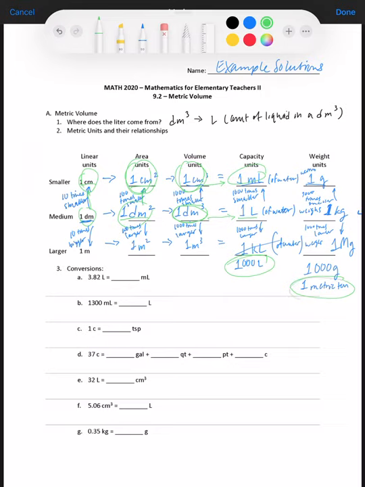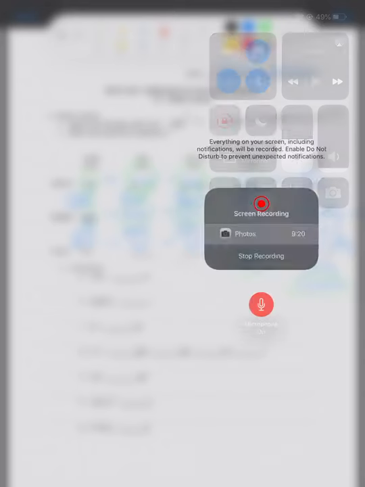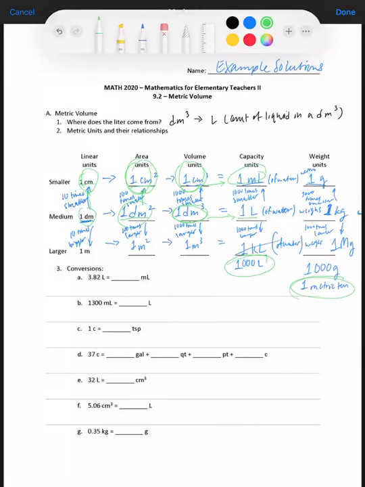All right, so there's that part of our handout. In the next video, we're going to talk about conversions. Now that we looked at the relationships of the metric system in a deep way, we're going to convert among these various centimeters cubed and decimeters cubed and liters and kilograms in different types of volume.